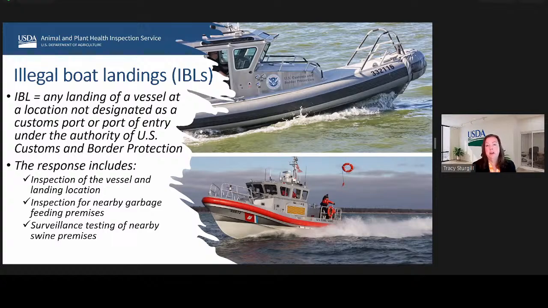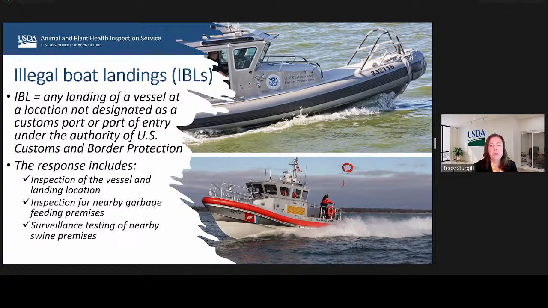That also includes feral pigs, although the likelihood of having a feral pig on your boat when you're transporting to another island is pretty slim. But as part of the interagency response to these illegal boat landings, APHIS is responsible for disposing of all of these confiscated swine commodities during these responses.